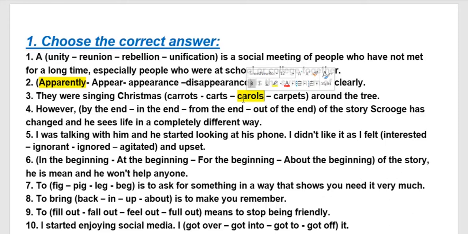There was a Christmas Carol written by Charles Dickens. However, by the end of the story, Scrooge has changed, and he sees life in a completely different way.